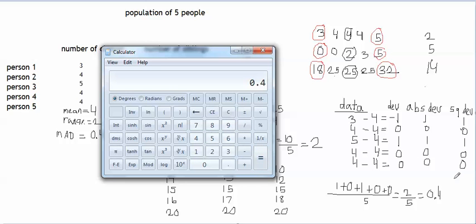These usually won't come out exactly the same, but they did in this case. So the mean of the squared deviations is 0.4.